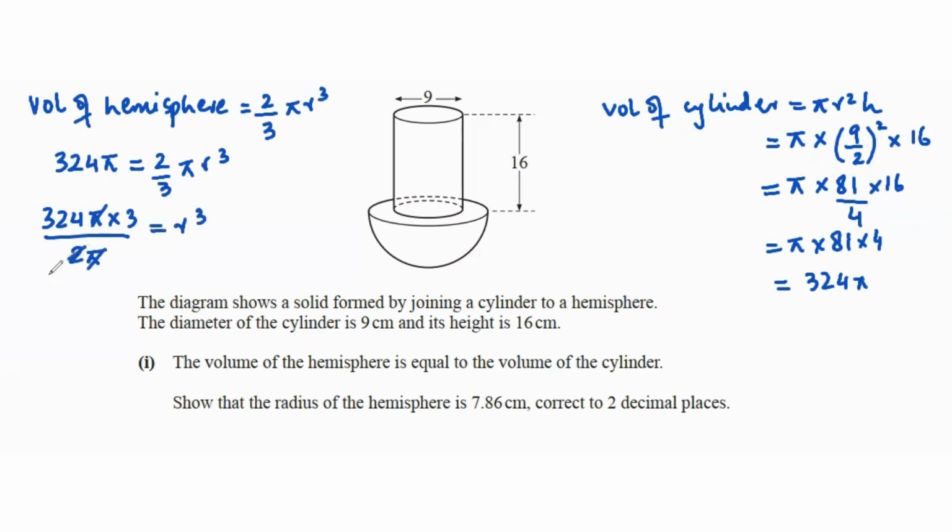Pi gets cancelled out, 2 becomes 1, and that becomes 162. So 162 times 3 is 486. I'm going to take the cube root on both sides to get rid of the cube on r. So the cube root of 486 is equal to 7.86 centimeters, correct to 2 decimal places.